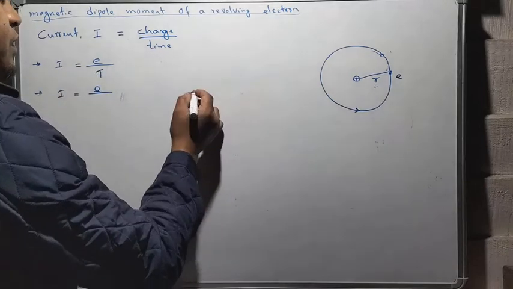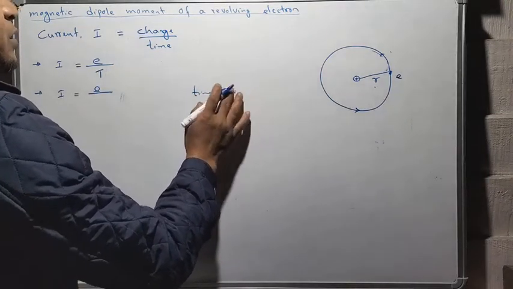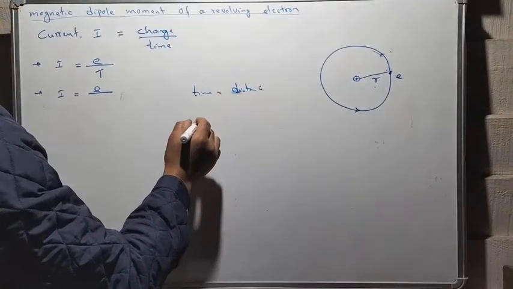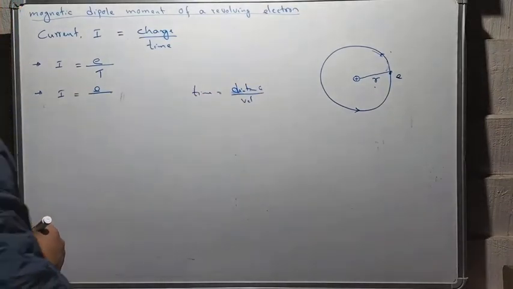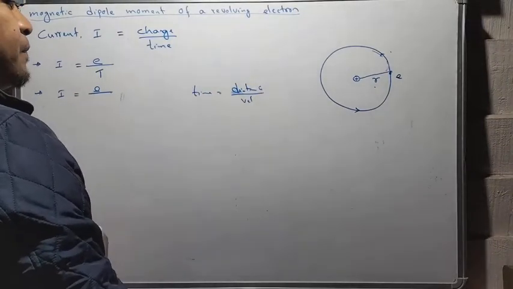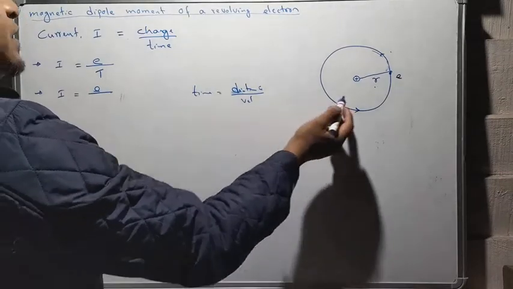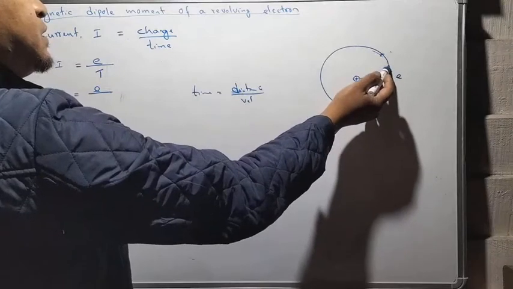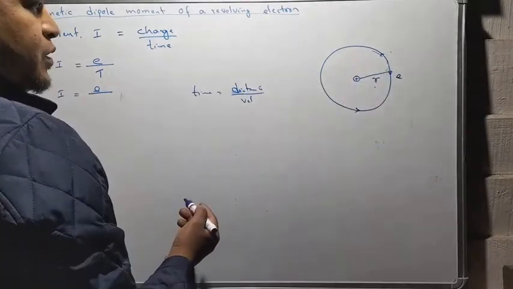We know time is equal to distance upon velocity. That is the formula of time period. So when the time is capital T, it means the time taken by the electron to complete one revolution.